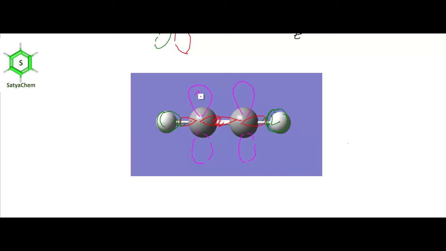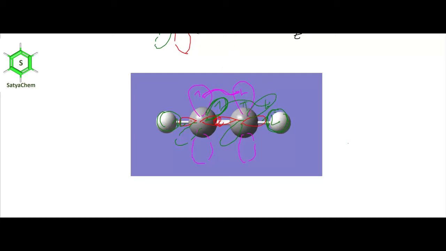Here we are seeing this is py, a py pi bond, and this is pz, another unhybridized p orbital, a pz pi bond.